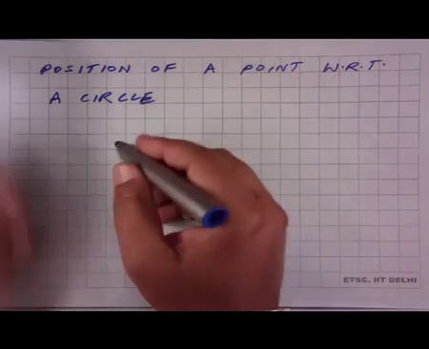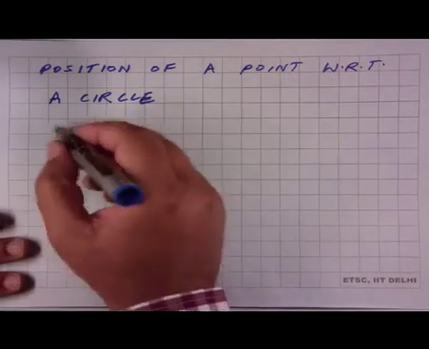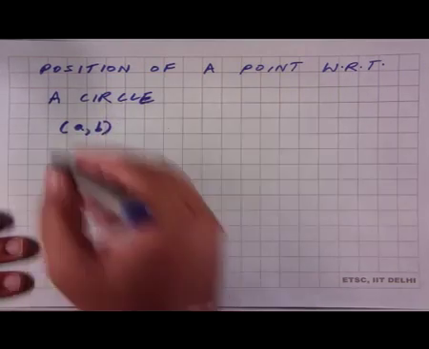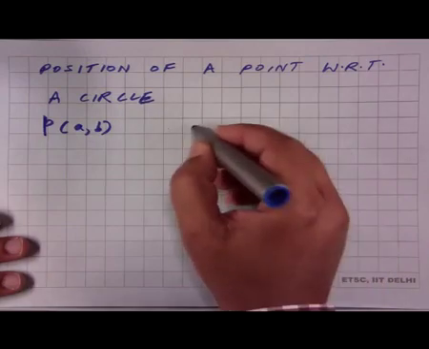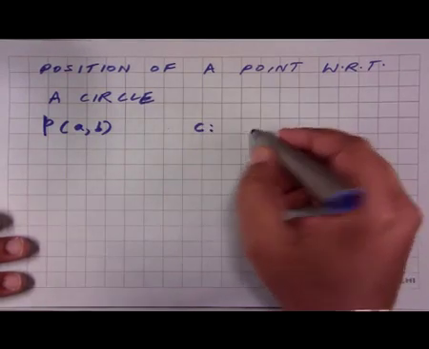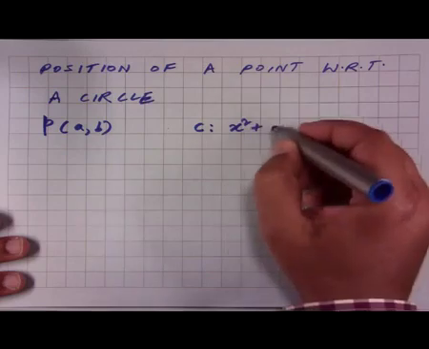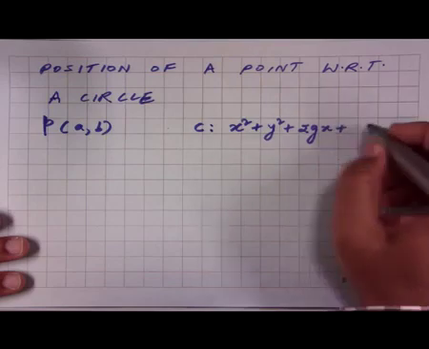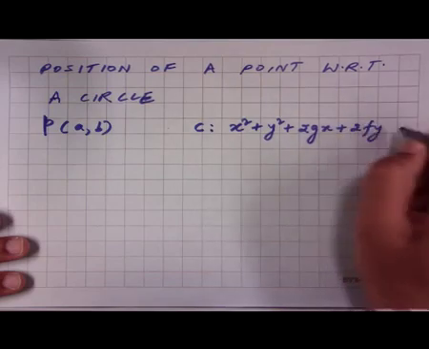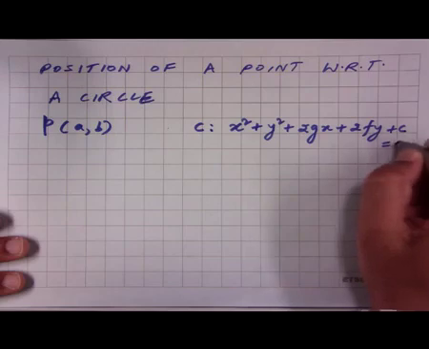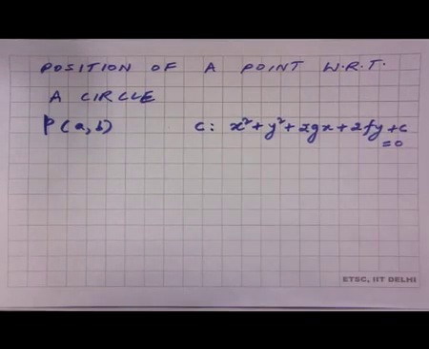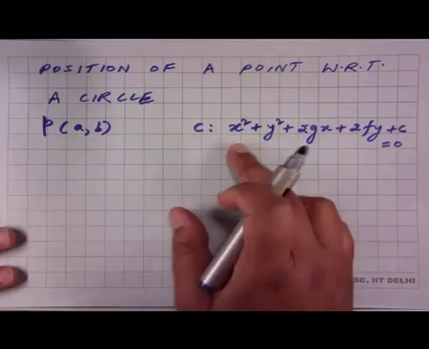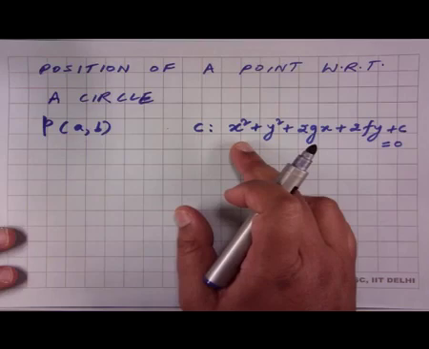Suppose we are given a point P with coordinates a and b, and we have a circle whose equation in the general form is x square plus y square plus 2gx plus 2fy plus c equals 0. Now how can we tell whether this point P lies inside the circle or outside the circle?